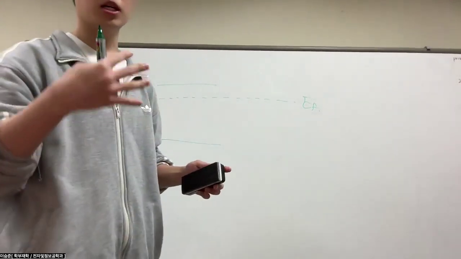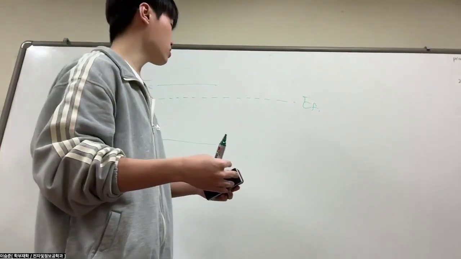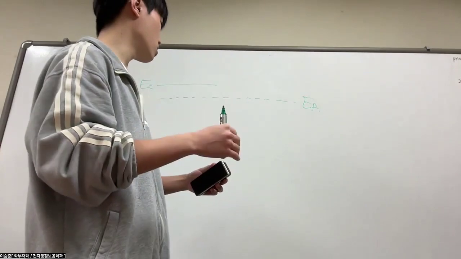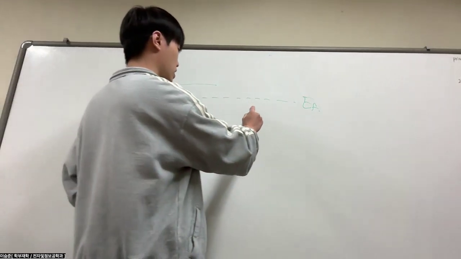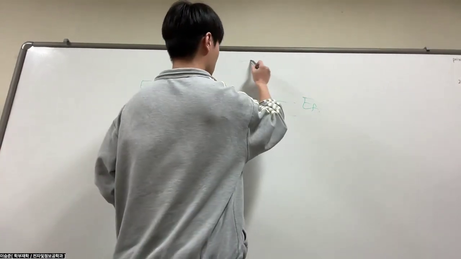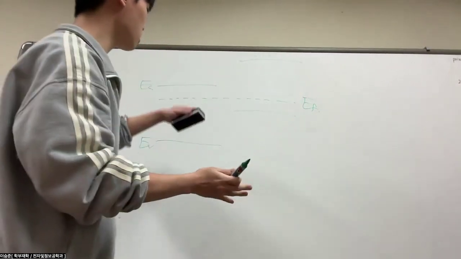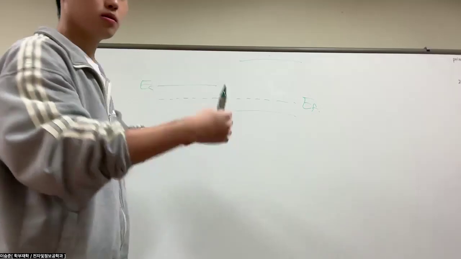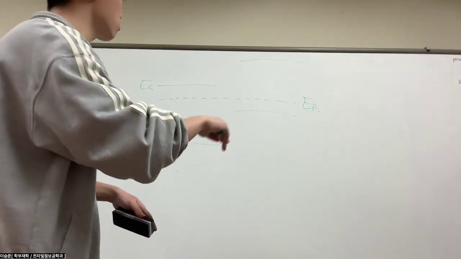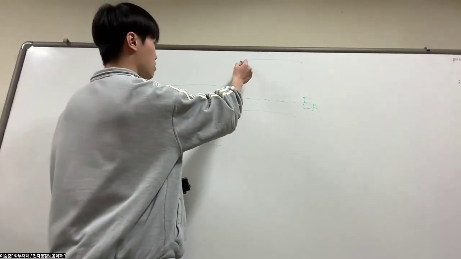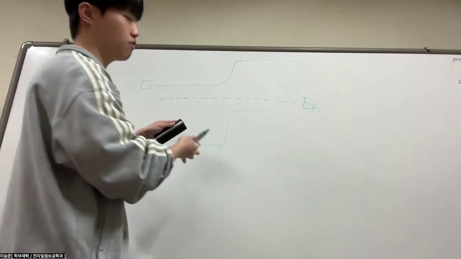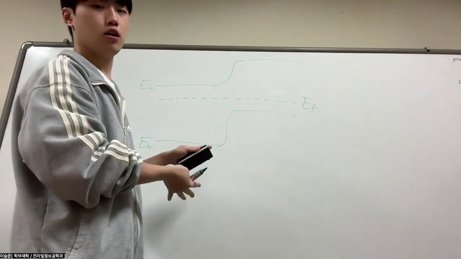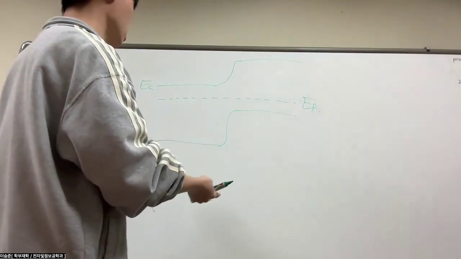And as I mentioned, the P-type semiconductor's Fermi level is closer to the valence band. So we can draw like this, and we have to draw the valence band like this. So this is the energy band diagram of the PN junction.